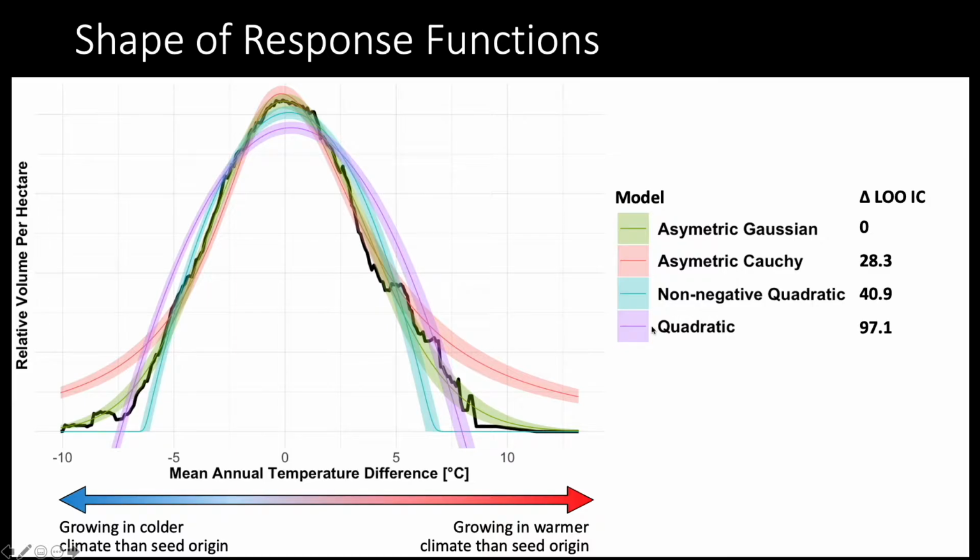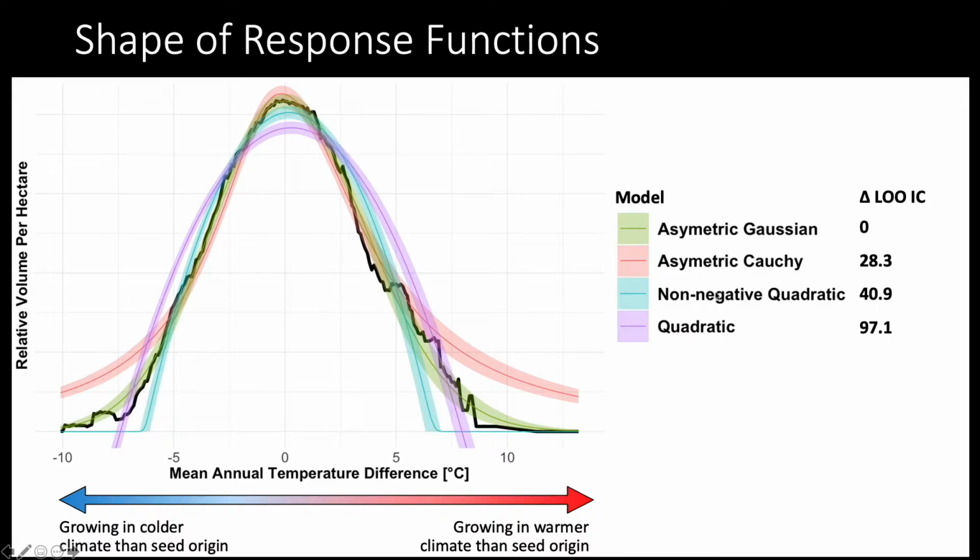The first one we can look at is the quadratic. This is the most often used shape to fit provenance test data. One problem that jumps out, of course, is that it can predict negative values, which are impossible for the response metrics that folks are interested in when they're fitting climate transfer functions.